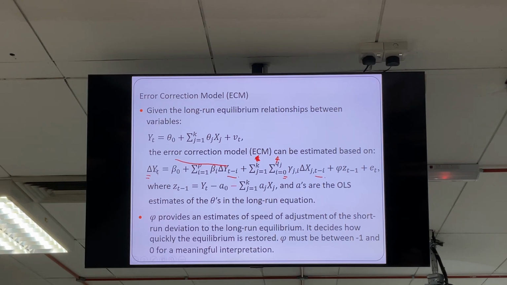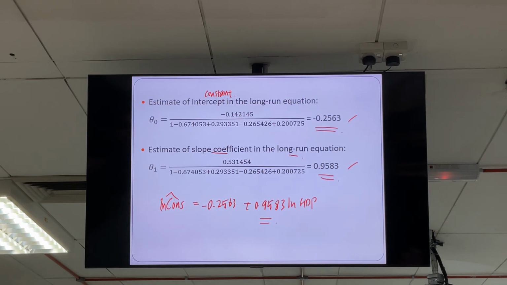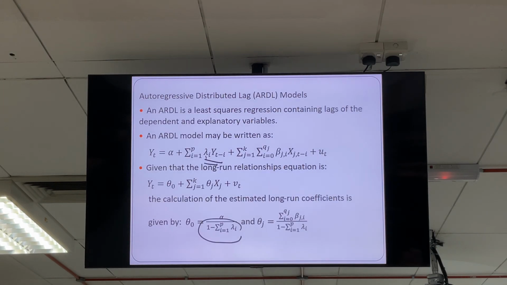Then yt is straightforward, yt minus i. It starts from i, not from 0, because it is t minus 1 up to t minus the number of lags. Then what is this term? This refers to the ECT, the error correction term. It comes from our model, the long run equation. This one is y, and the sign changes to minus.